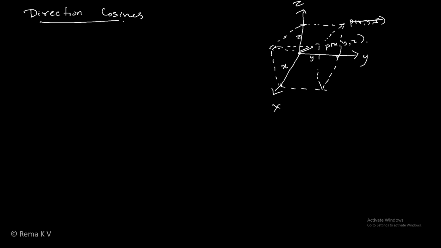OP is the position vector. This line OP is the position vector of the point P (x, y, z). Let this line make an angle alpha with the x-axis, beta with the y-axis and gamma with the z-axis.